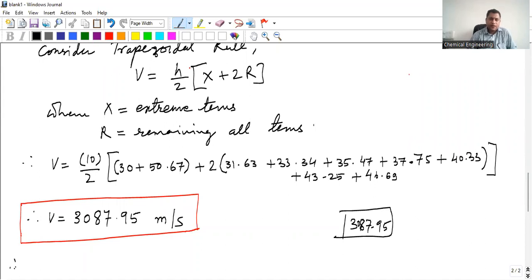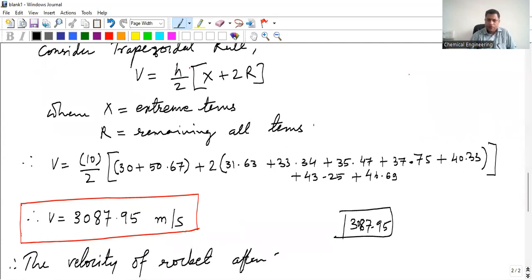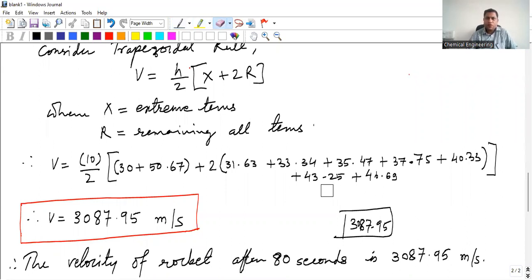So we can say, hence, the velocity of the rocket after 80 seconds is 3087.95 meter per second.